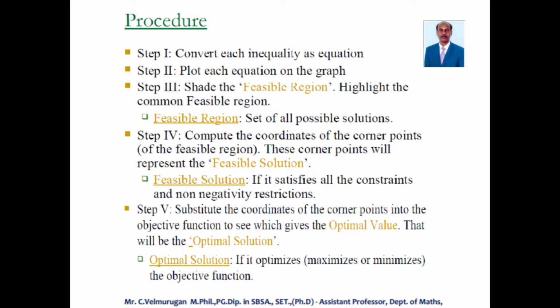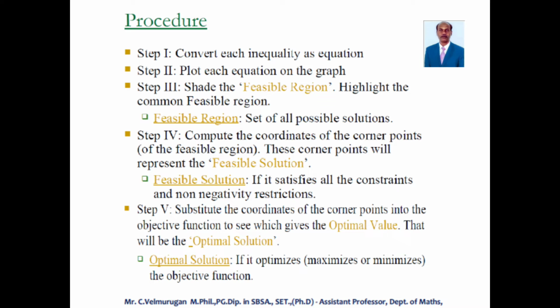Whatever it may be, we convert the inequality into equality. Next, using that equation, we find the points. After finding the points, we plot the graph using those points. Using that graph we find the feasible region. That is the third step.